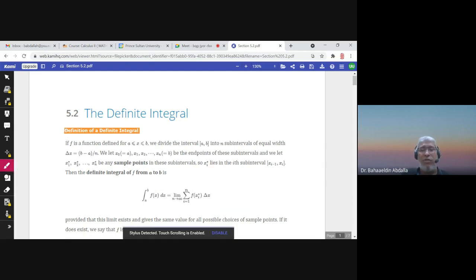This is section 5.2 and it's about the definite integral. Let us define what we mean by a definite integral.